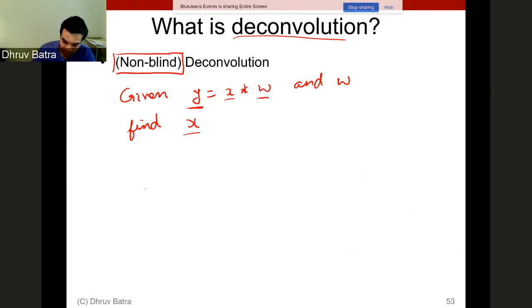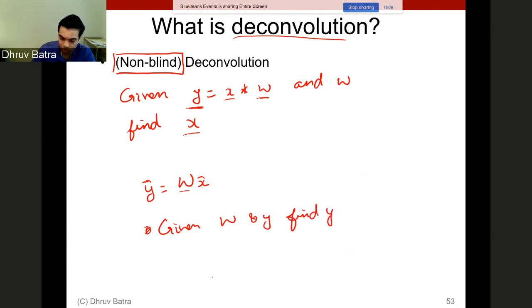So if you can express y is equal to w times x, so if y is a one-dimensional signal, w is a matrix which is representing that filter, really what you're asking for is given w and y, find x. So invert this operation. So is there a x tilde equals w inverse of y operation that you can find? So that's what we're asking for.